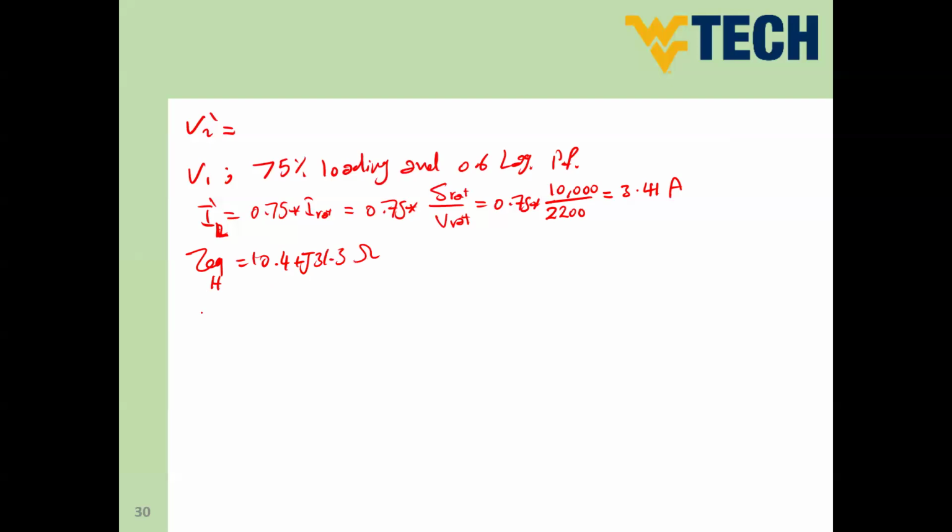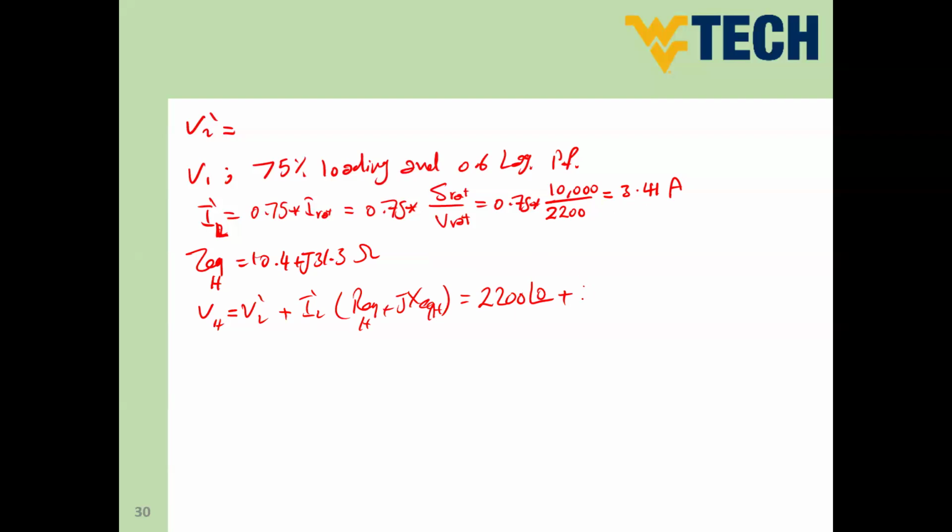So we can say now V1 equals V2 prime, or let's say V high equals V low prime plus I low prime times R equivalent high plus jX equivalent high. So this would be V low prime is 2200 at angle 0 plus I low prime, we got the value.